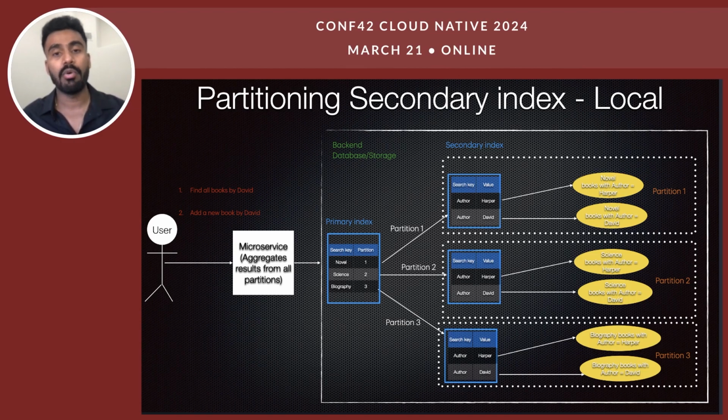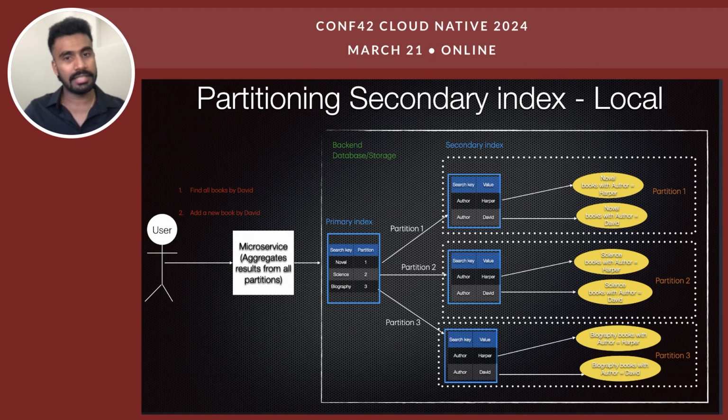And now what happens when you go to the secondary index and search for the author David, you have author David in partitions 1, 2, and 3. So the data is retrieved from all 3 partitions, and then it is aggregated in the microservice and then returned to the user.